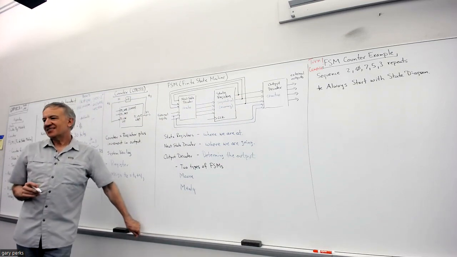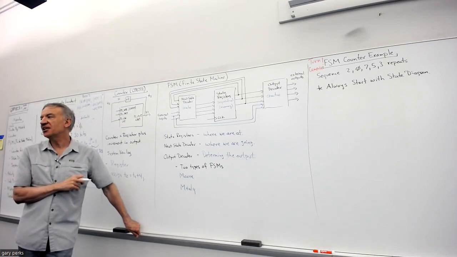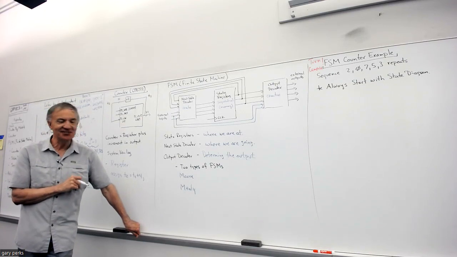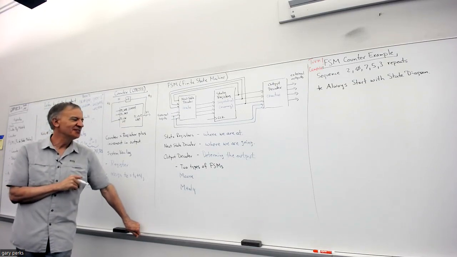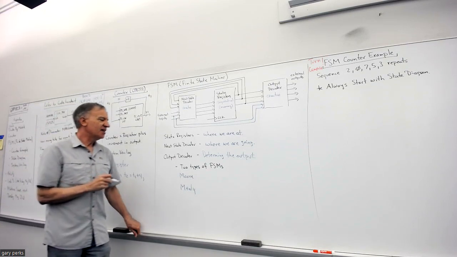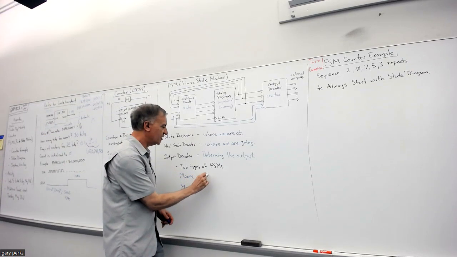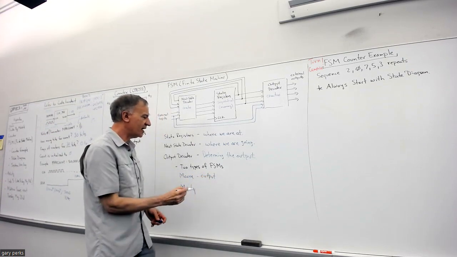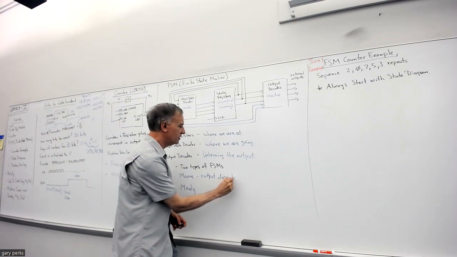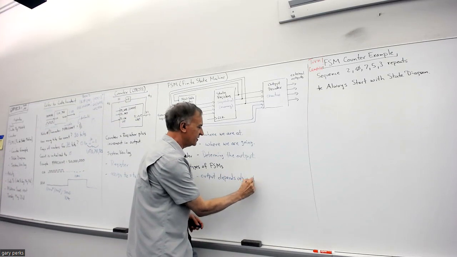And I know someone's going to ask eventually, so I'll just answer now. As far as I know, there's no relation to Dr. Mealy. It's pure coincidence. It's a different Mealy that this is named after. But anyway, there's these 2 types of FSMs, and the output of a Moore FSM depends only on the state.